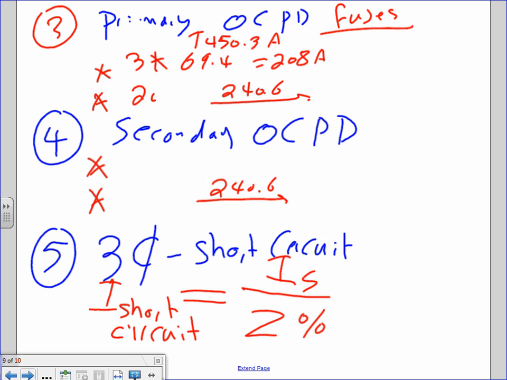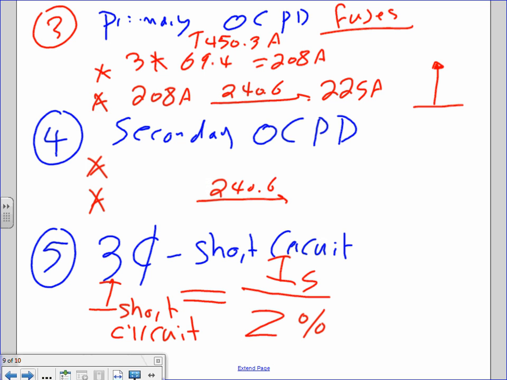Then you take your 208 amps to 240.6. That'll get you 225 amp, and you are allowed to go up from the table because it has not number 3 there.